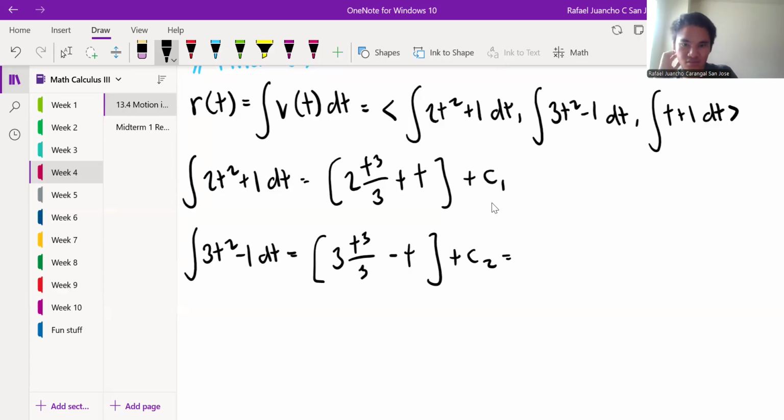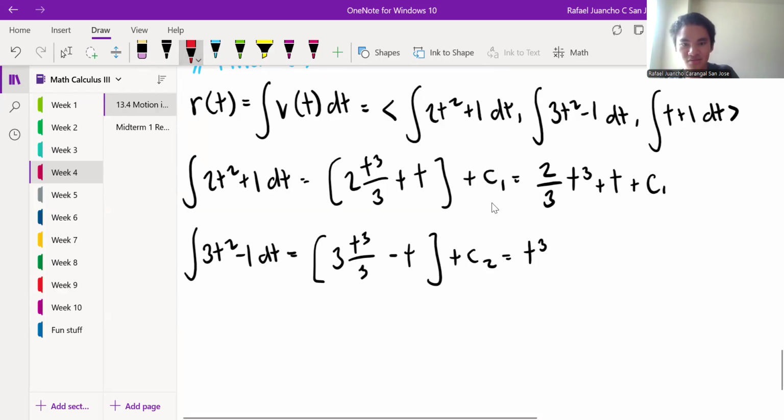And let me just clean this up. I want it to look clean. 2 over 3 t cubed plus t plus c1. Okay, that looks nicer. And then here we have t cubed, right? Because I cancel out the 3's here. Minus t, right?